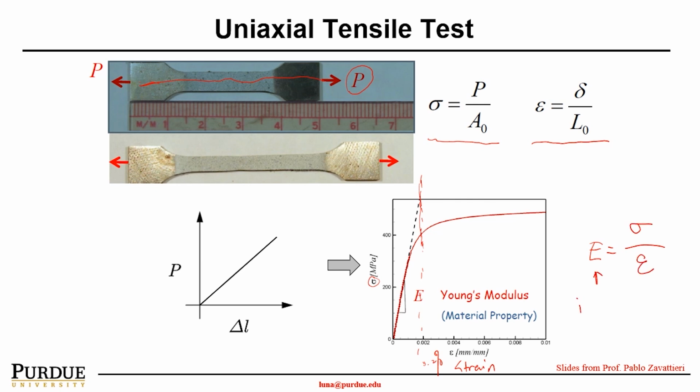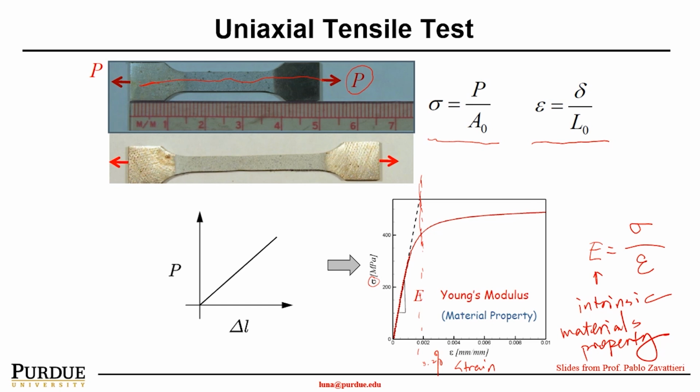Again, this is an intrinsic material property. When we say intrinsic, it means this is not dependent on sample geometry or sample size. What it really depends on is the material itself.